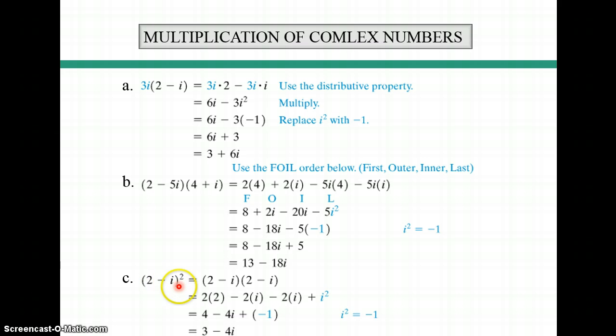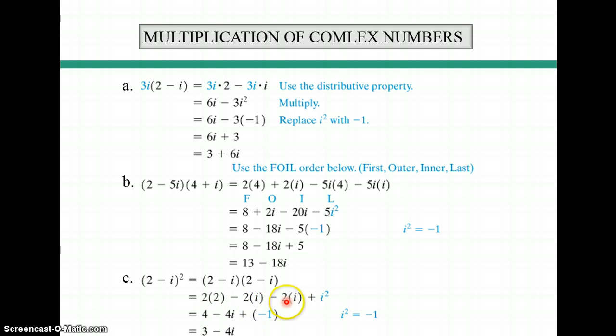2 minus i all squared equal to 2 minus i times 2 minus i. By using the FOIL method, we have 2 times 2 minus 2 times i minus i times 2 and i times i. So we have 2 times 2 is 4, minus 2i minus 2i.